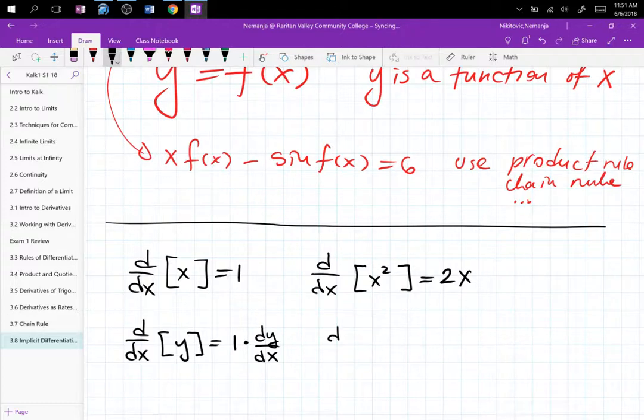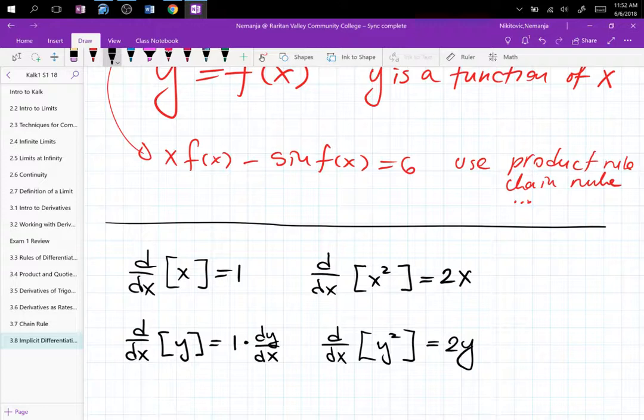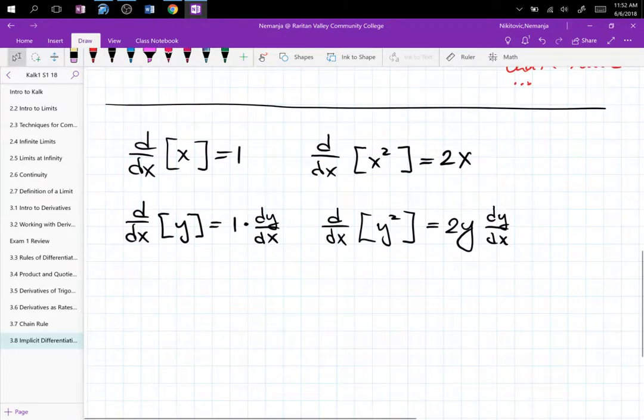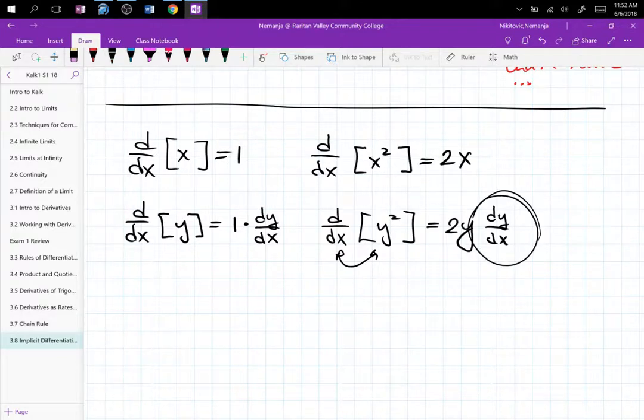And I can take the derivative of y squared the same way. It's 2y, but I have to follow with a chain, because I was taking the derivative where these don't match. And I know that y is a function of x. So that's why this piece has to be there.